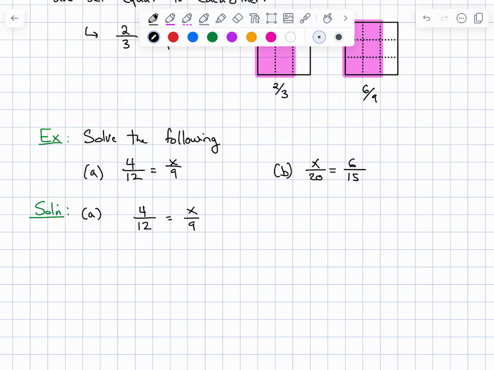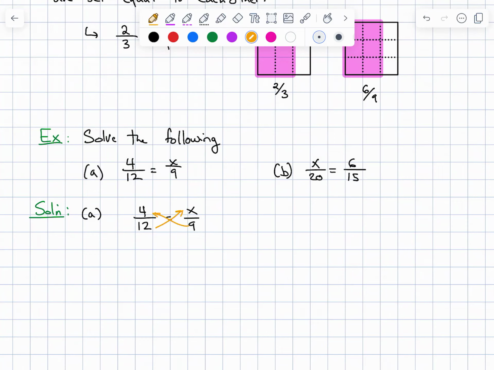The long-winded way of doing it is to find a common denominator between 12 and 9 and multiply across. So a common denominator of 12 and 9 would be 36. So you can multiply both sides by 36 to cancel all the fractions, but the quicker way to do it is cross multiplication.